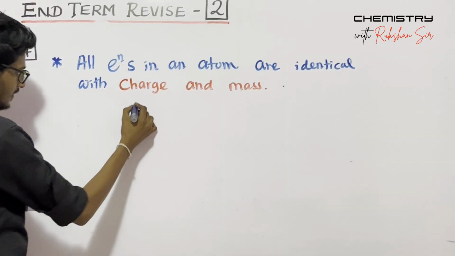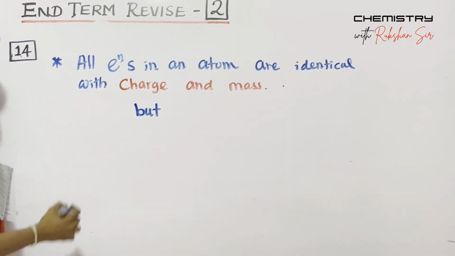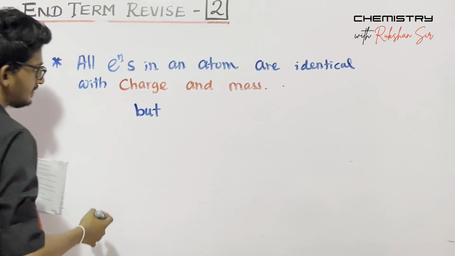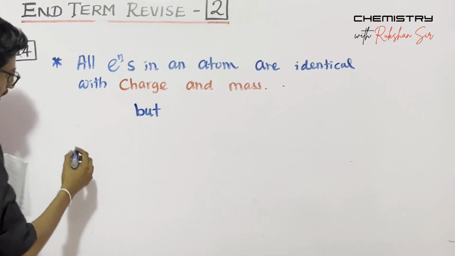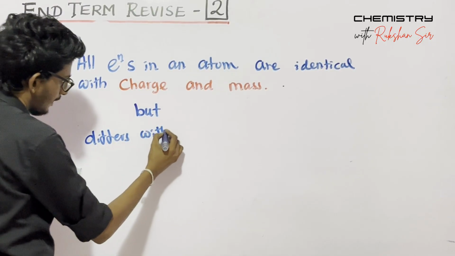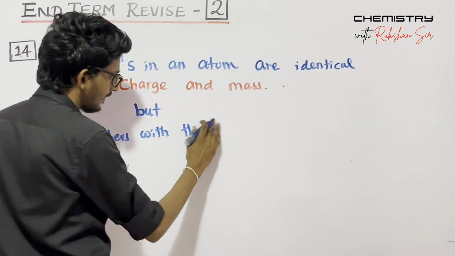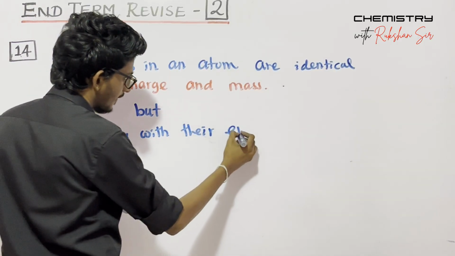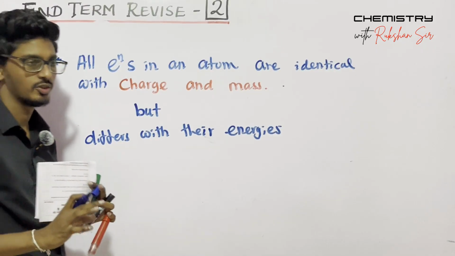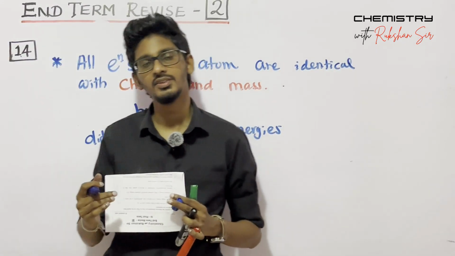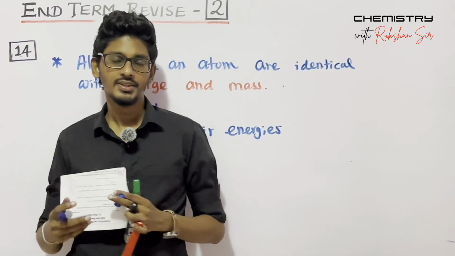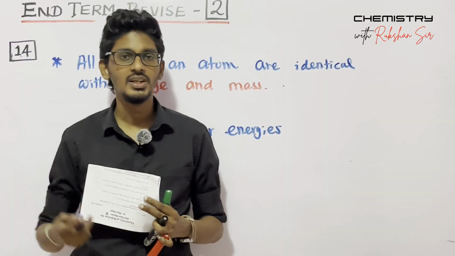But they differ with their energies. So you know the 1s electrons have lower energies than the 2s electrons. 2s electrons have lower energy than the 2p electrons.